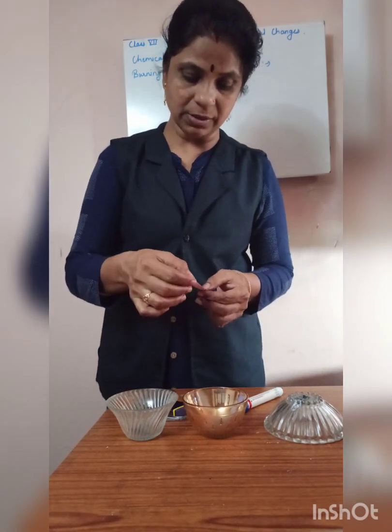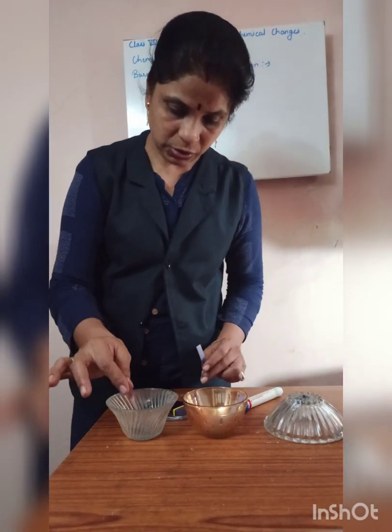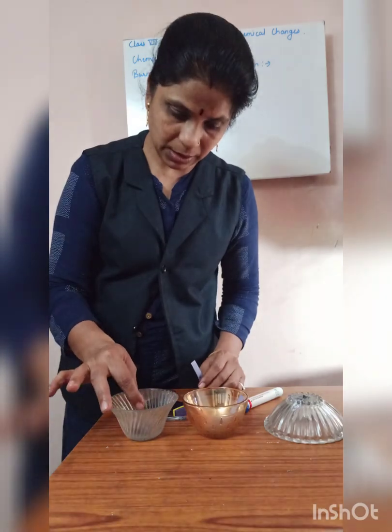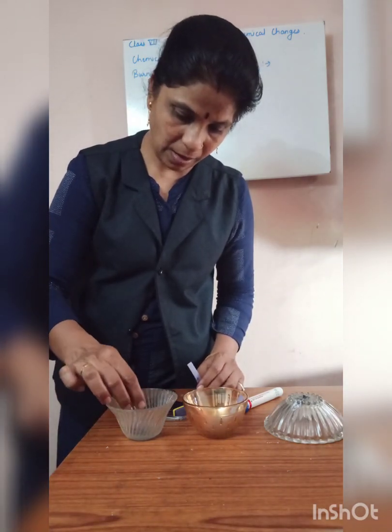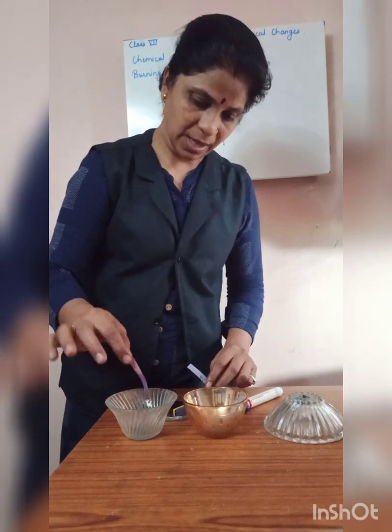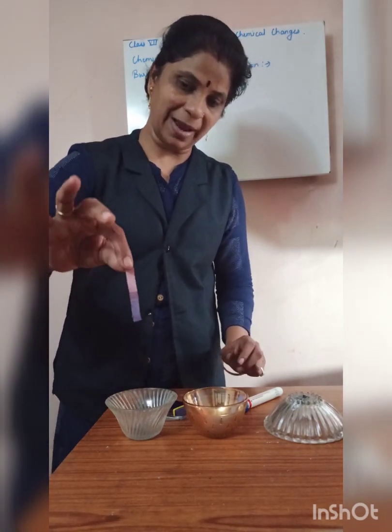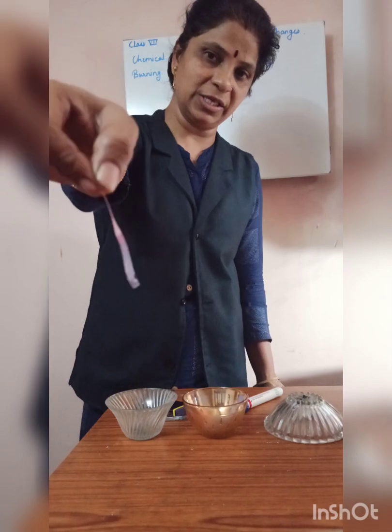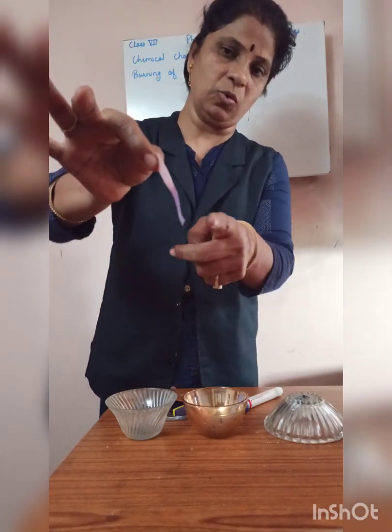So let me try with this red litmus paper. I have dipped this red litmus paper in magnesium hydroxide solution. You can see the change. Here red litmus paper turned blue.